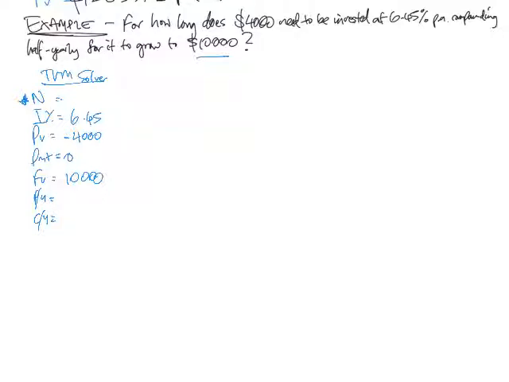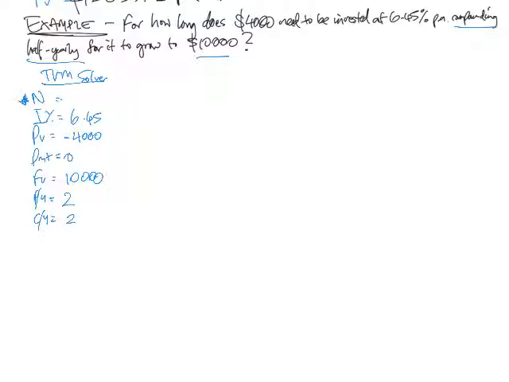PY and CY, well, here the only thing that we know is it's compounding half yearly, so it happens twice a year and you're going to keep PY the same. So enter all of those details into your calculator. Negative 4,000 for PV, PMT is 0, FV is 10,000, and then PY and CY are 2.